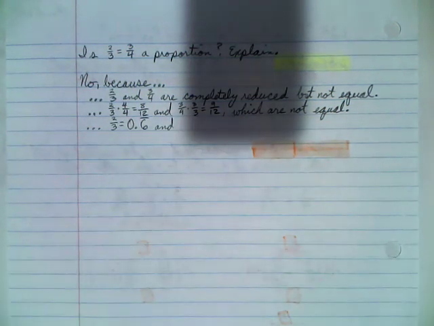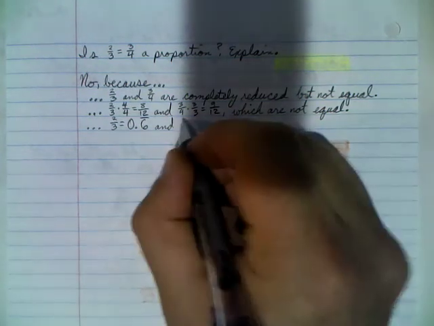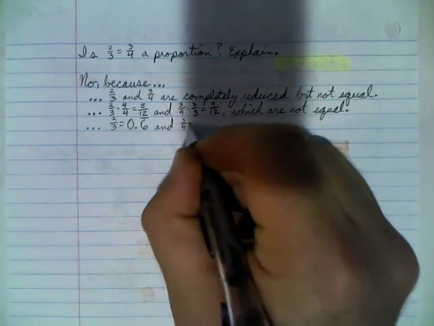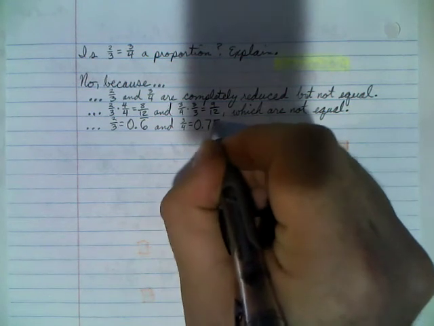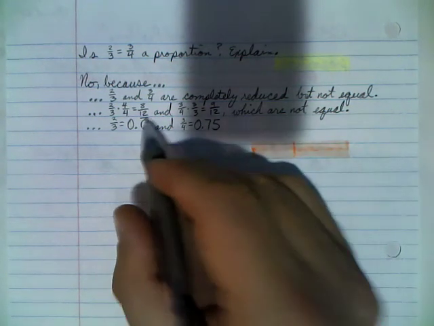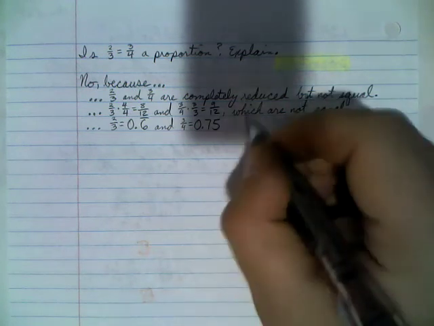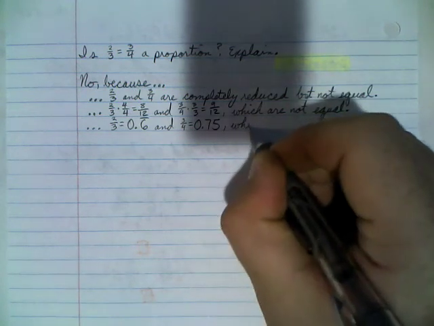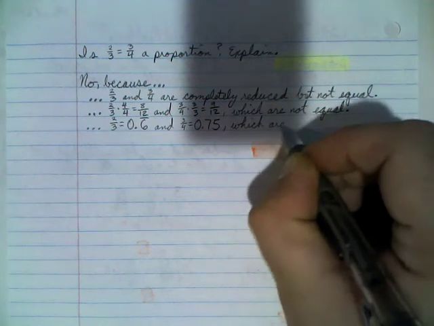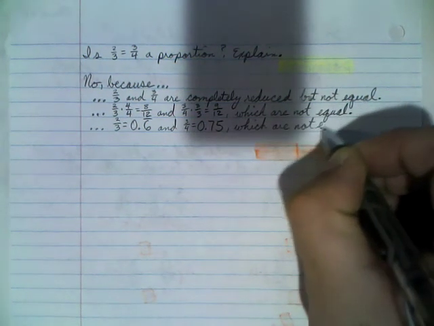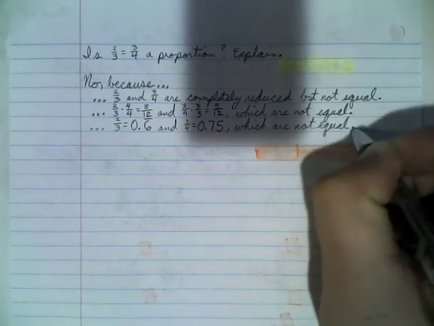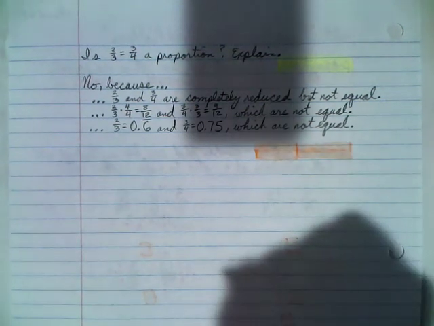Most of the time we try to avoid them, but here the decimal answer is a repeating decimal, so there's no way around it this time. Whereas 3/4, hopefully we have that memorized, is 0.75. So 0.6 repeating and 0.75 are obviously not equal. So, comma, which are not equal. They equal different decimals, so they're not equal to each other.